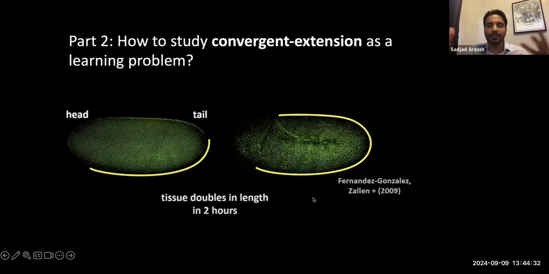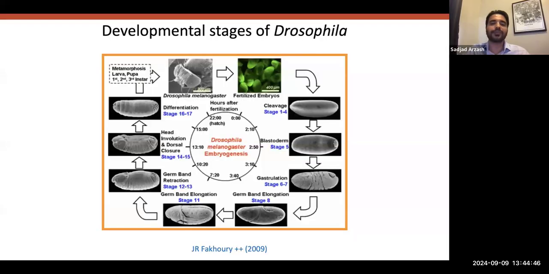This process takes about 2 hours, and it's an important part of the development of Drosophila. Can we understand this, and can we get this tissue flow using this framework?